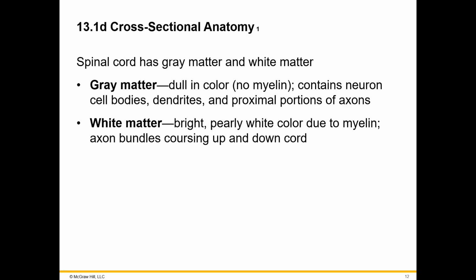These are nodes. So through these nodes, you jump up. These are known as the nodes of Ranvier. That's what's going to make the conduction speed really fast. We said last week that the axon conducts as rapidly as it is myelinated.